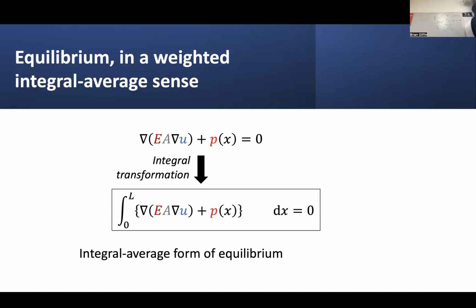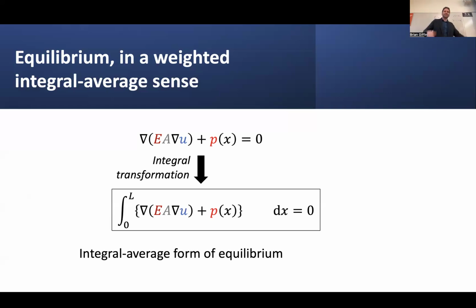So in other words, if I took this pointwise statement of equilibrium, a statement that has to be satisfied at every point, let's say from 0 to L inside of some uniaxial member, equally, I could just say, take this expression, integrate it over the full length of this member from 0 to L, and what I'll get is a statement of equilibrium that describes the equilibrium not at a single point, but over the whole bar.